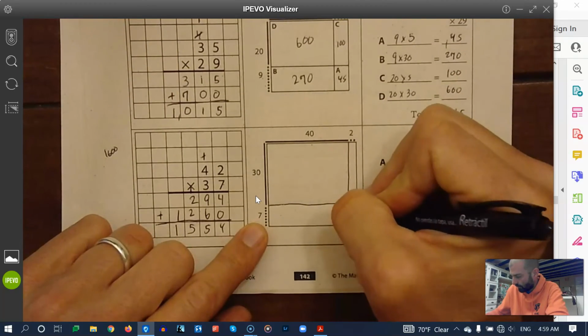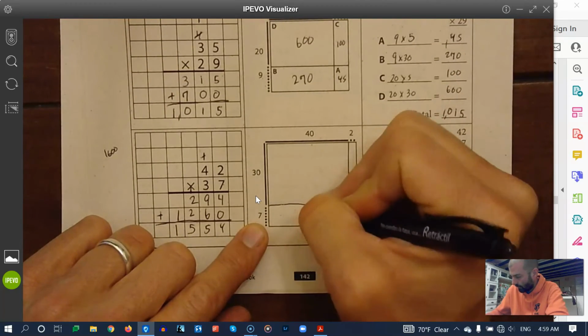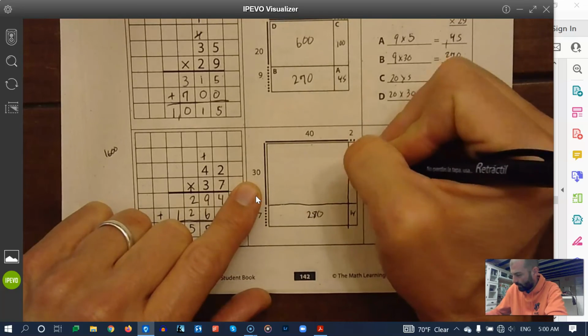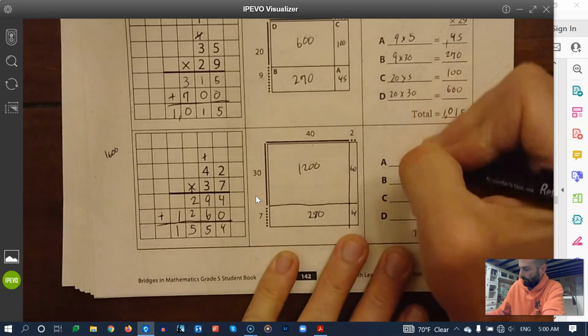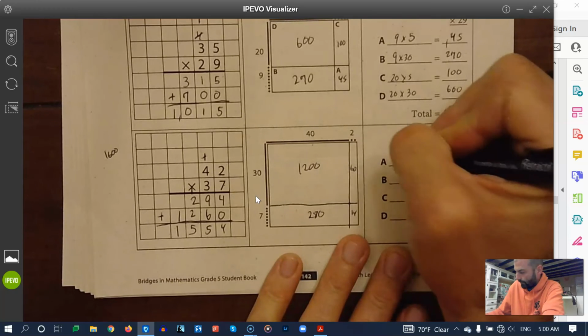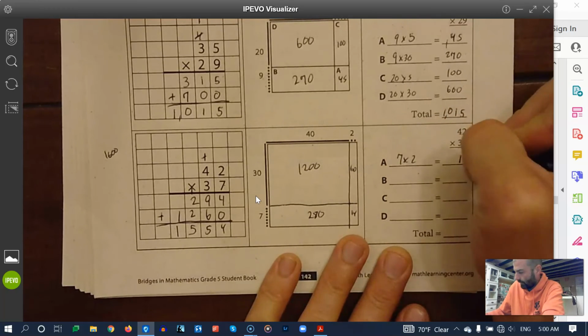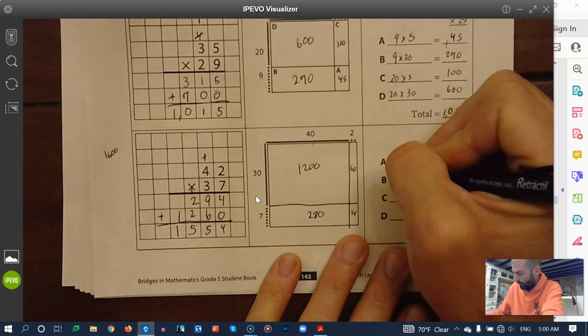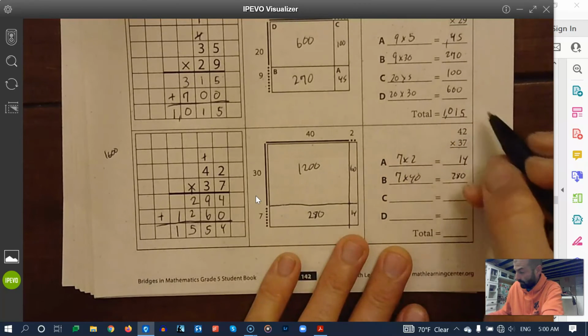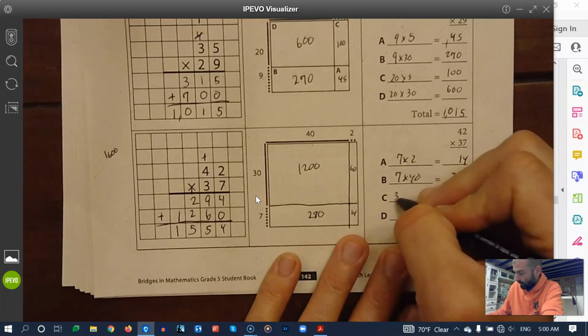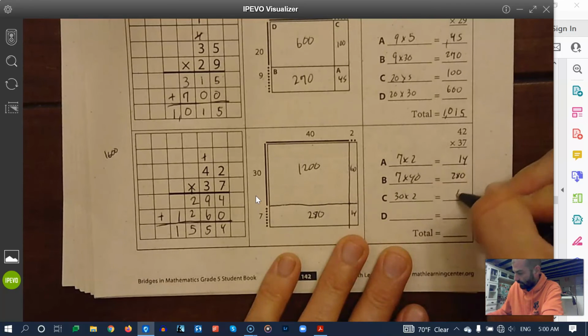7 times 2 is 14. 7 times 40 is 280. 30 times 2 is 60. 30 times 40 is 1,200. A was 7 times 2 is 14. B, 7 times 40 is 280. C is 30 times 2 is 60.